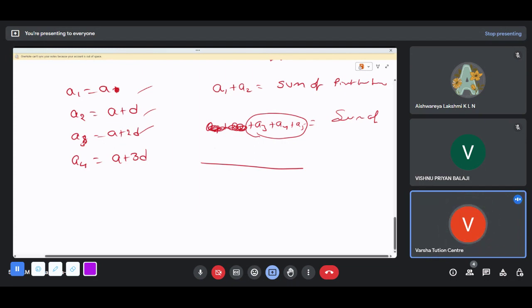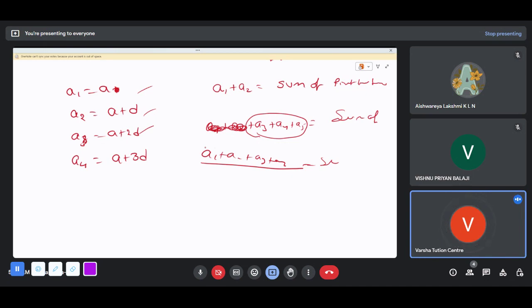Meaning, starting from the first term, up to whichever term you want to sum, all must be there. Not from the middle. Okay. Suppose A1 plus A2 plus A3 plus A4 is the sum of, what will you tell, Vishnupriya?